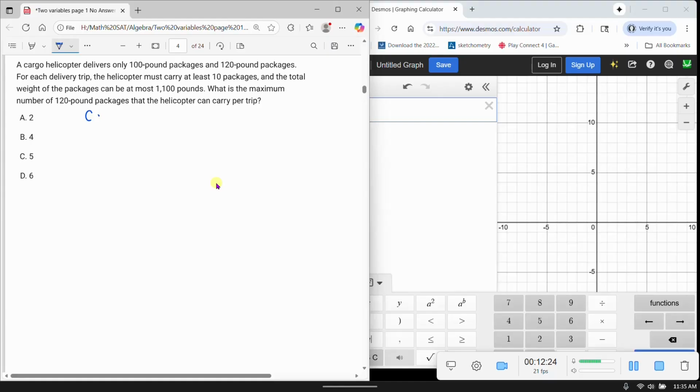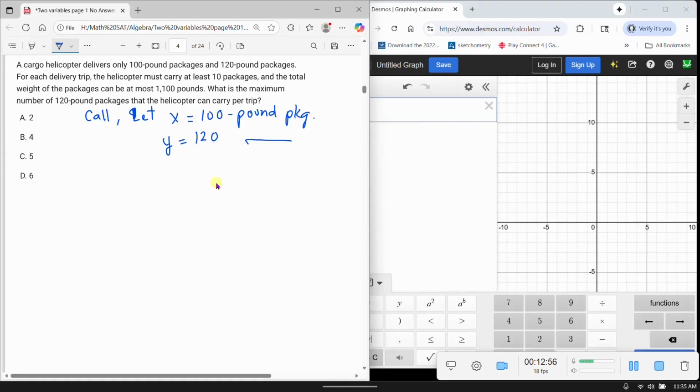Let x be the 100 pound packet. I'm just going to abbreviate that. And y to be the 120 pound packet.